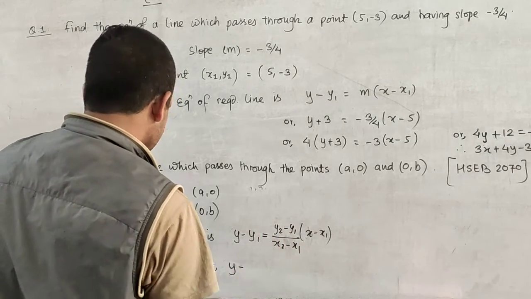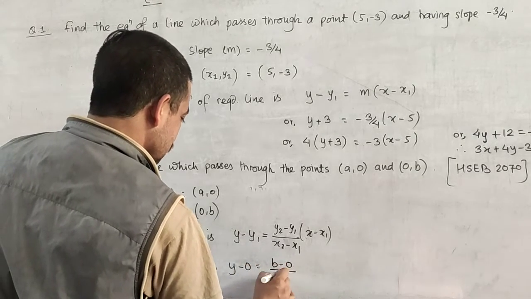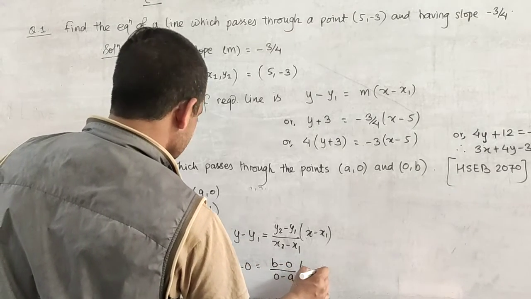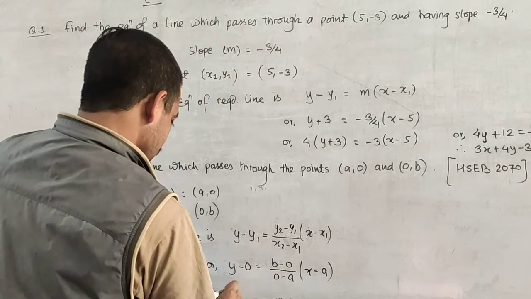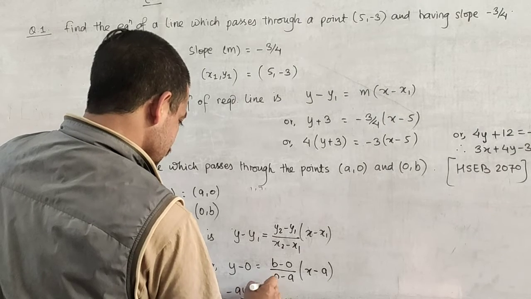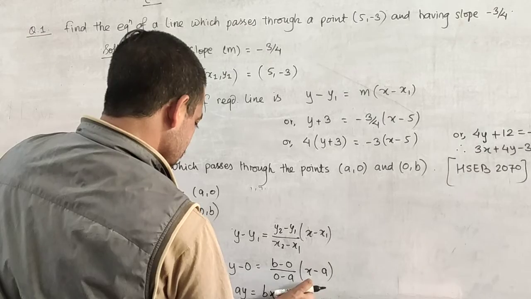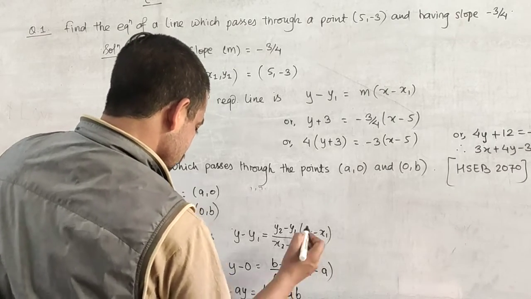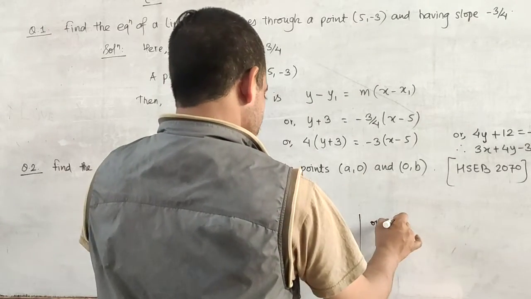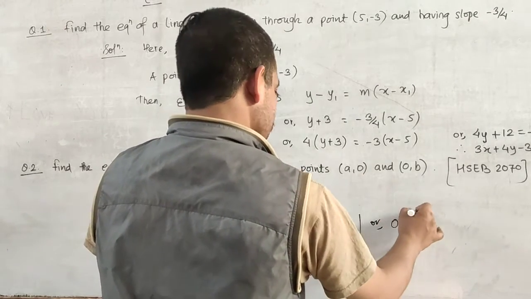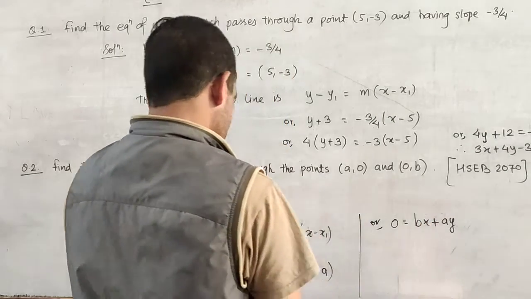Or y minus y1, which is 0, equals b minus 0 upon 0 minus a, times x minus a. So minus ay equals bx minus ab, or, taking ay to the right side, 0 equals bx plus ay minus ab, so bx plus ay equals ab.